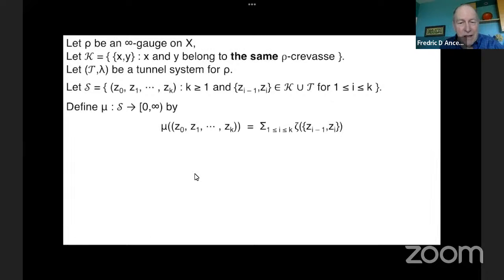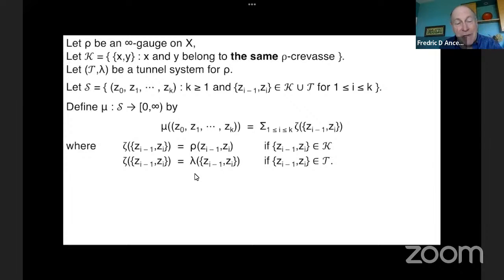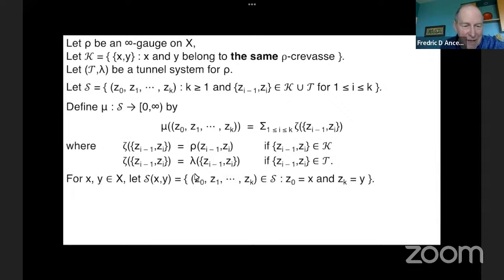And so I define a length to this system, and it's the sum of the lengths of the steps, where a step is either the distance between 2 points if the distance is finite, or it's this lambda of the length of the tunnel. So I'm defining a function that way.